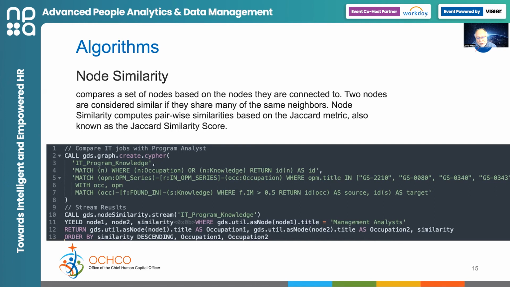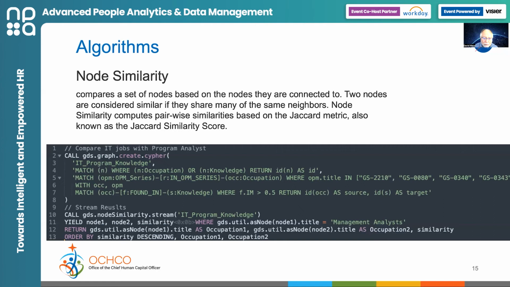In this particular case, what I've done here is create what's called a Cypher projection, or basically I'm taking a subset of the graph out and putting it into memory so that I can play around with it. So I pulled out various occupations that are IT or technical type occupations within the government.